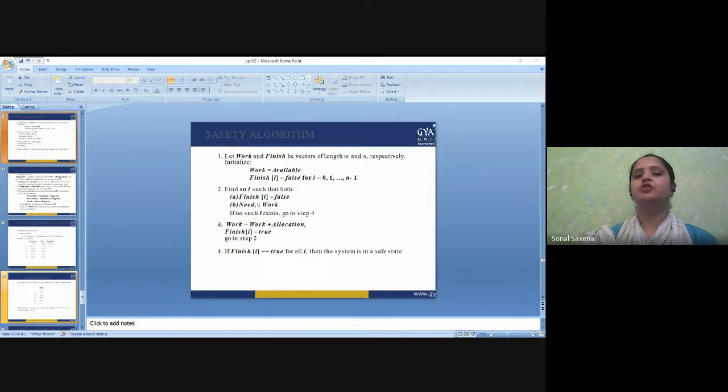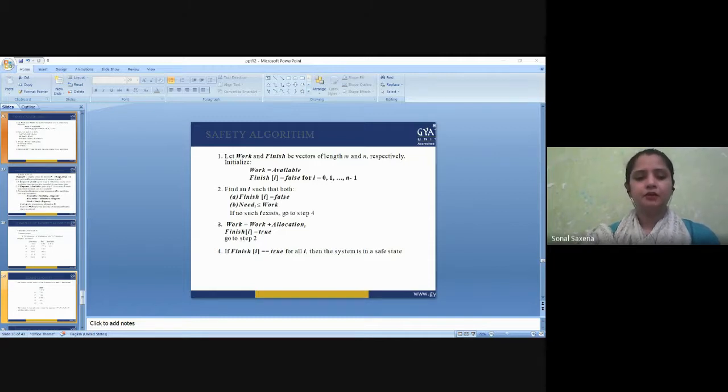They will be able to grab the required number of resources, and they will be able to successfully complete their execution. So if such a thing happens in your system, then you can say your system is in a safe state. But if there is some kind of complexity where your process is not getting the desired number of resources, there could be a possibility that your state is going to be in deadlock.